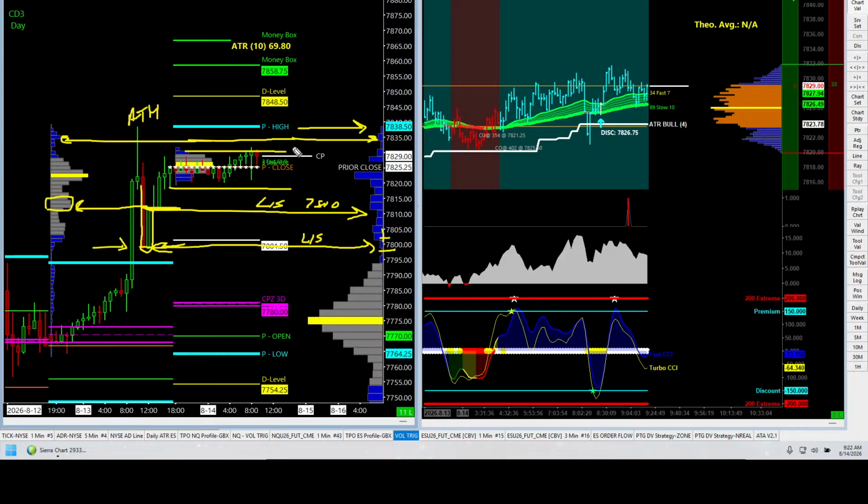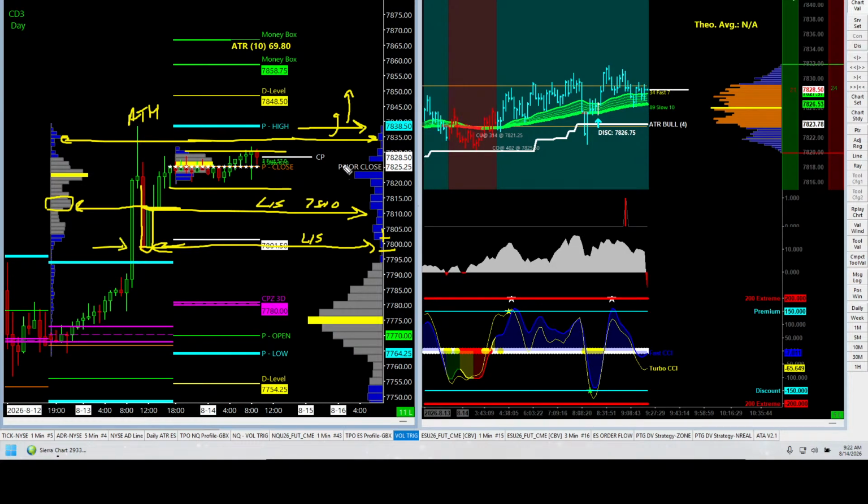Okay, so as a first target, and then subsequent targets, on new pushes higher to, again, additional all-time highs if the market wants to do that. All right, that makes sense to everybody.